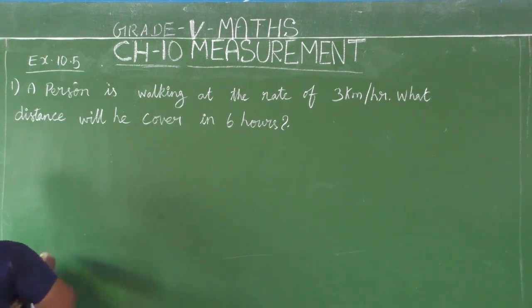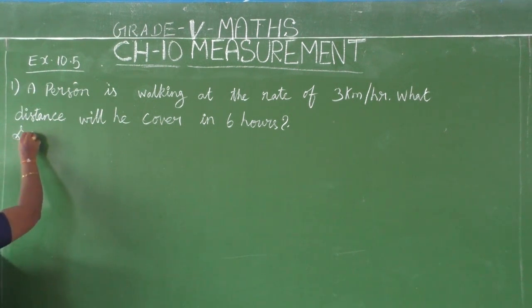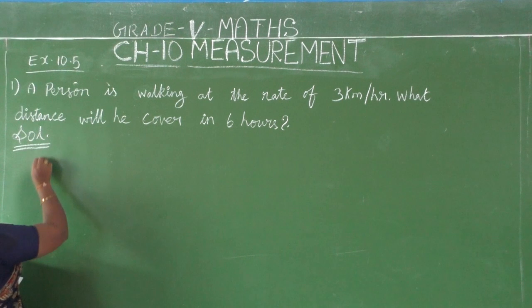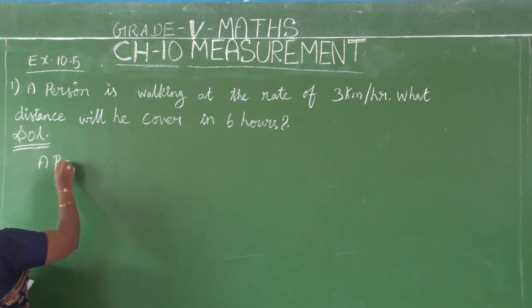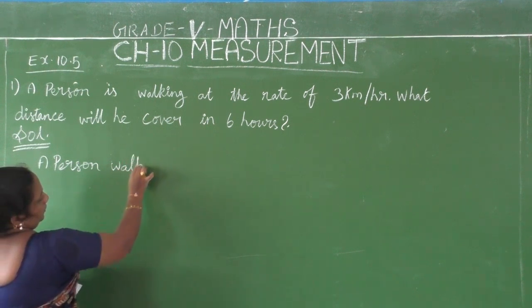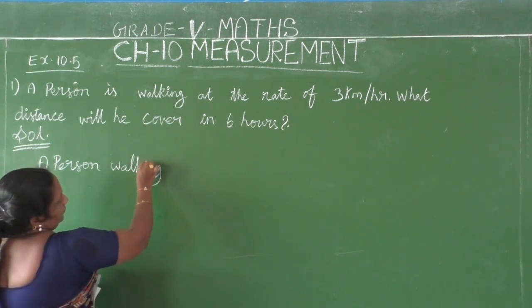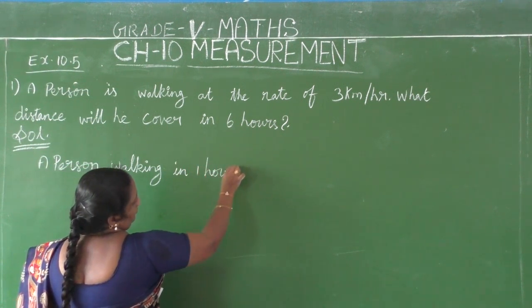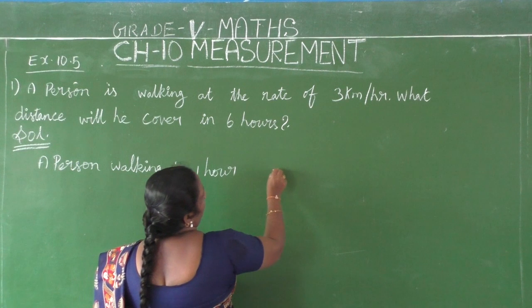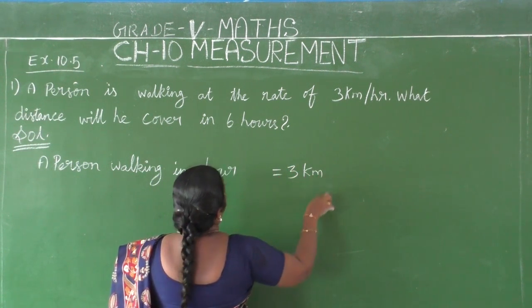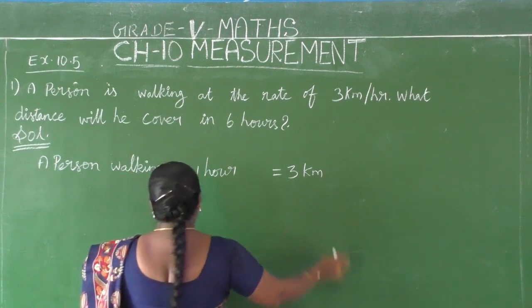Listen, the solution is: a person walking in 1 hour. What speed? 3 kilometer per hour, so that's why I write here 1 hour.